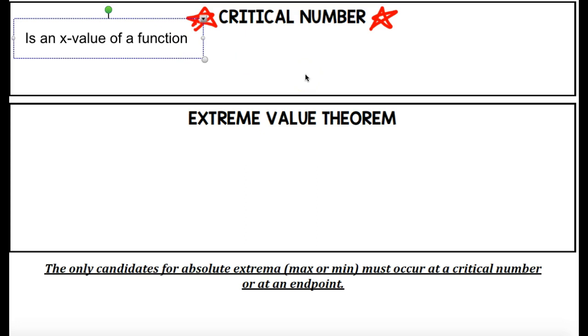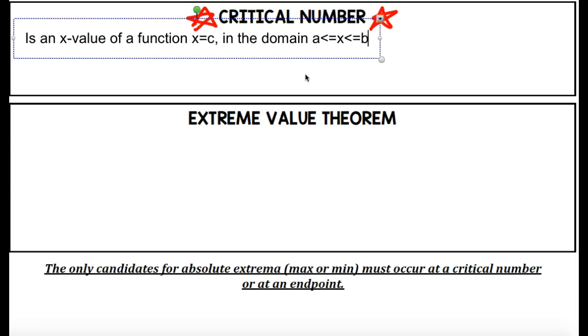Critical number is an x value of a function. We generally say it's at some value we call c in the domain, a is less than or equal to x is less than or equal to b.